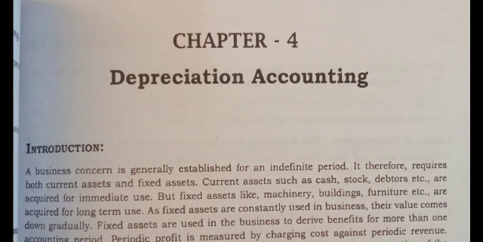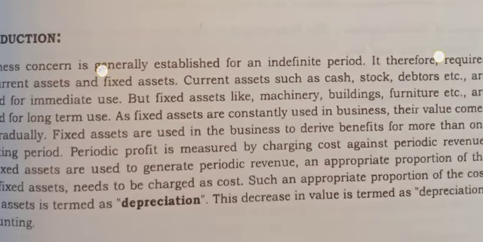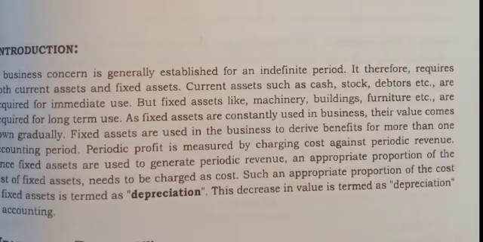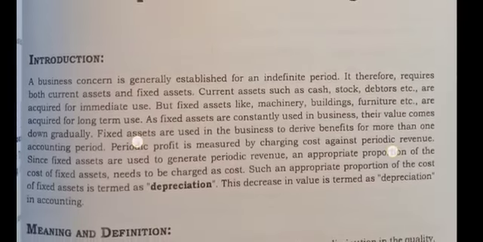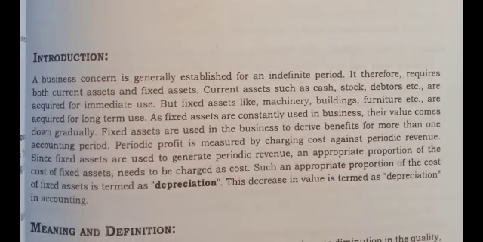So fixed assets are consistently used in business. Their value comes down gradually, right? The fixed assets are used in the business to derive benefits for more than one accounting period. So an appropriate portion of the fixed assets is used to generate periodic revenue and needs to be charged as cost.